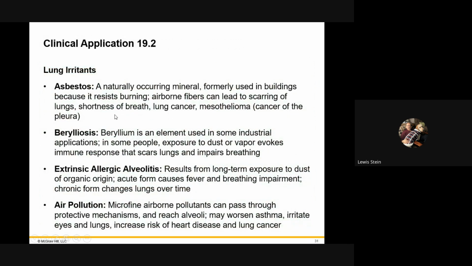Interesting stuff that's an irritant, and you've heard about this because you hear about it on TV. For years, there was very little said about asbestos. It was in shingles, it was in older buildings. They found that people who inhaled asbestos got asbestosis because those fibers would damage the lung and would cause a particularly unique cancer called a mesothelioma.